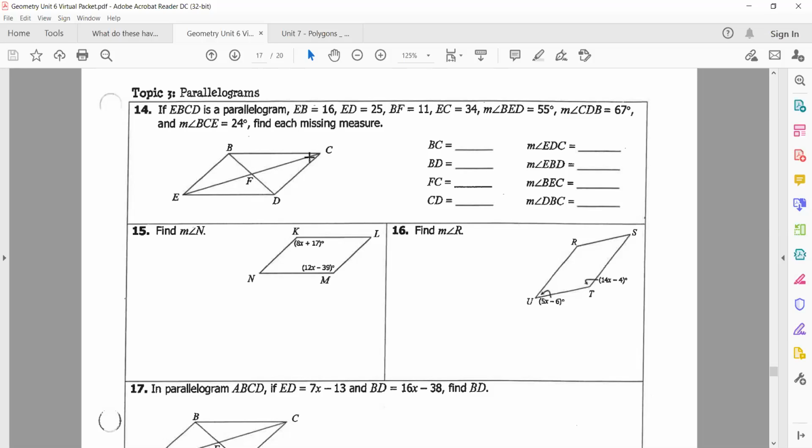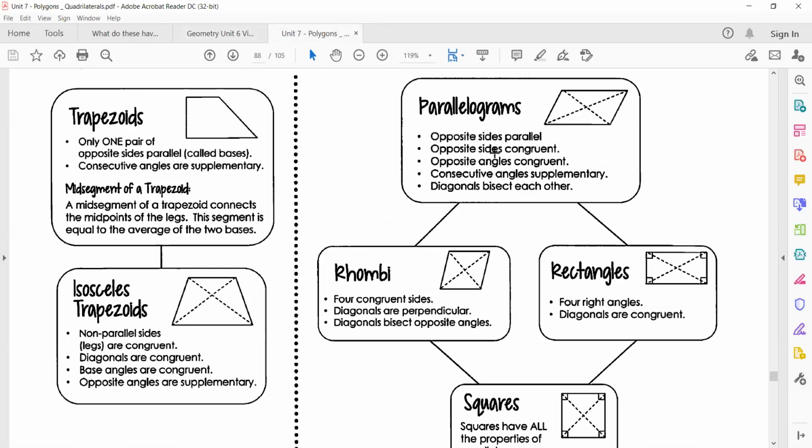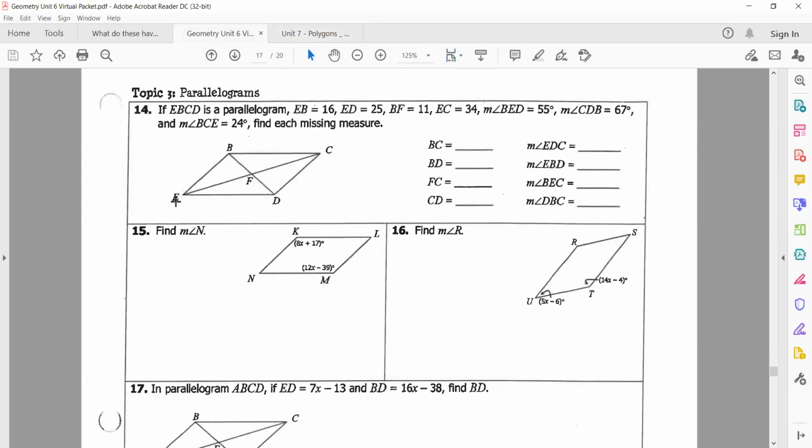Now EC goes all the way across. That's 34. So do we have any properties that deal with diagonals? Well, lo and behold, we sure do. Diagonals bisect each other. They cut each other in half. So if BF is 11, how much is FD? 11.